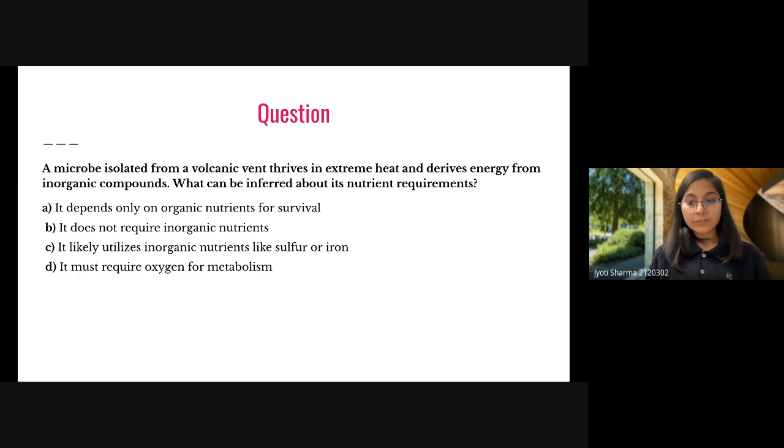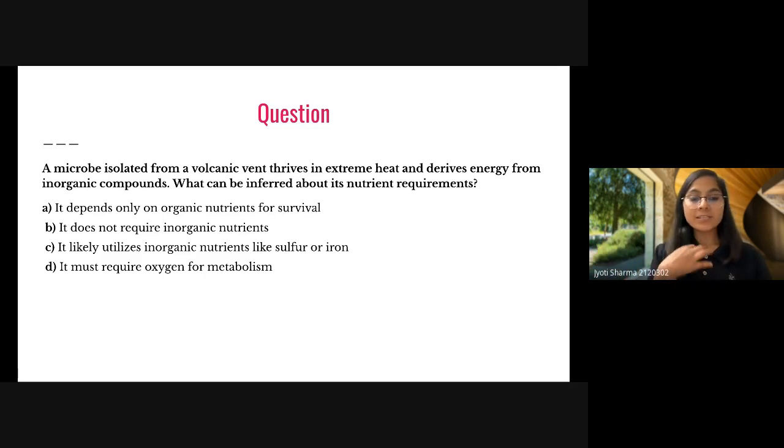The right answer is that it likely utilizes inorganic nutrients like sulfur or iron, because it is deriving energy from inorganic compounds. So it requires inorganic compounds from which it can derive energy, right?